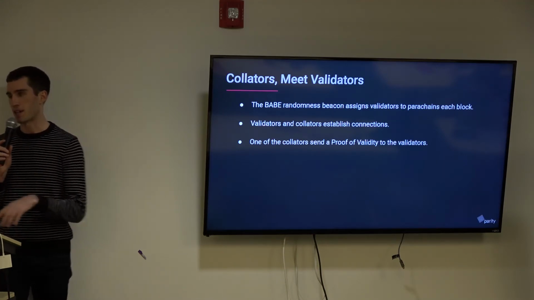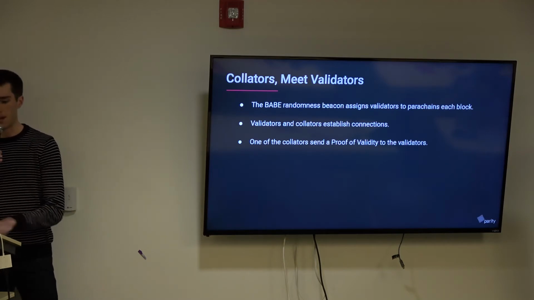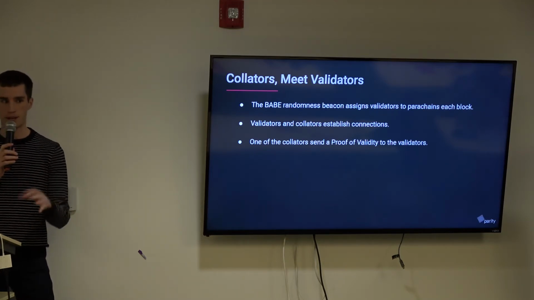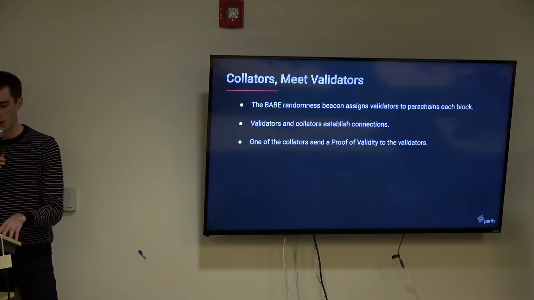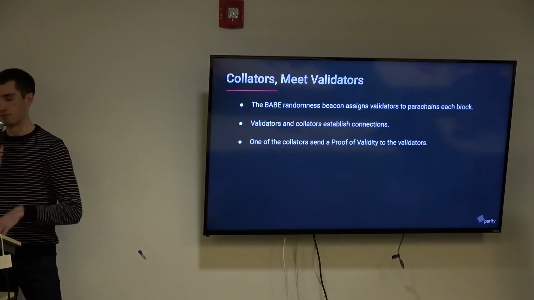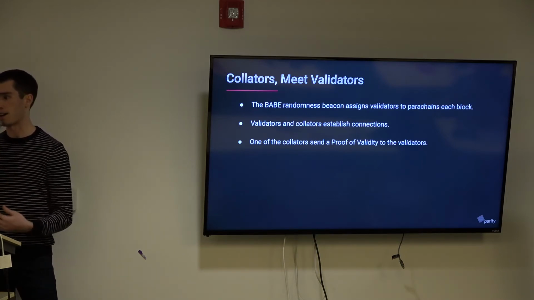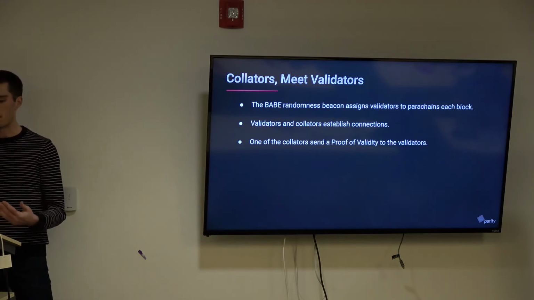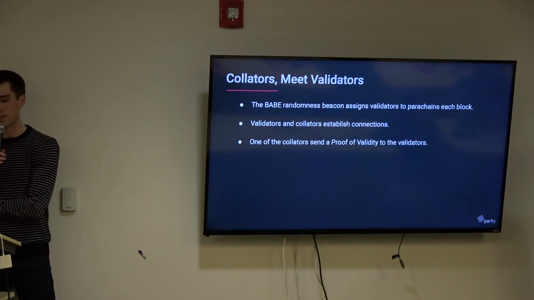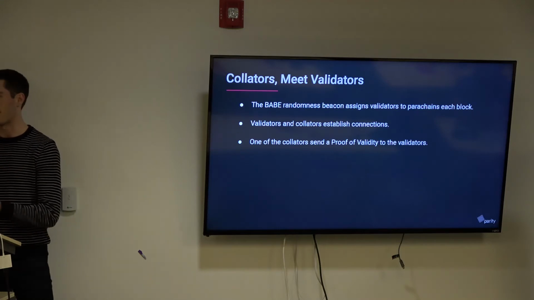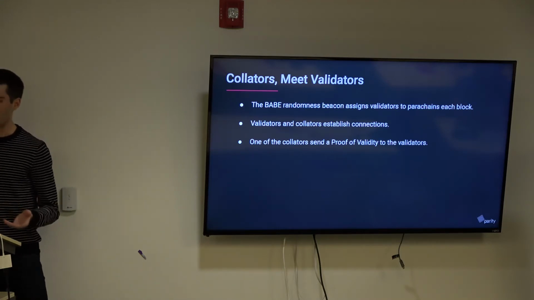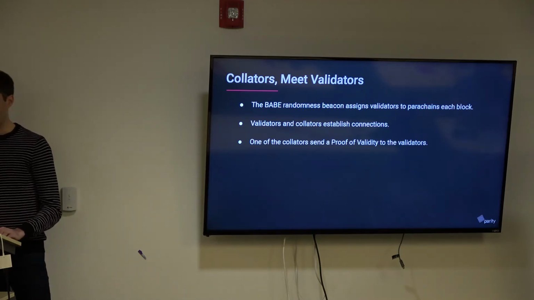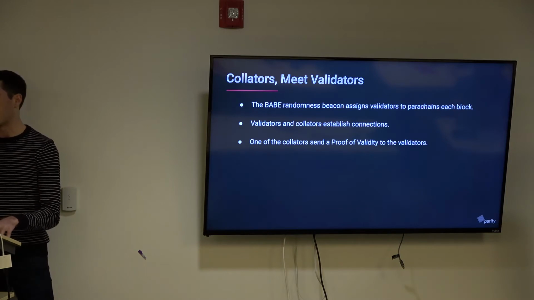There are two attacks that could go on at a parachain level. One is you try to double spend or reorg the chain, which involves rolling back and reorganizing all of Polkadot. So hopefully that's not going to happen. The thing where validators could get involved in an attack is just censorship.